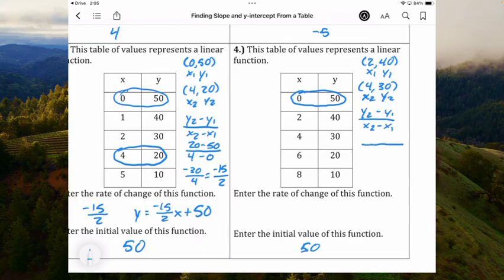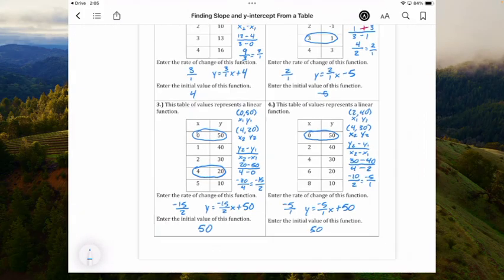Template. y2 minus y1 is 30 minus 40. x2 minus x1 is 4 minus 2. This is going to be negative 10 over 2, negative 5 over 1. y equals negative 5 over 1 x plus 50 for our equation.